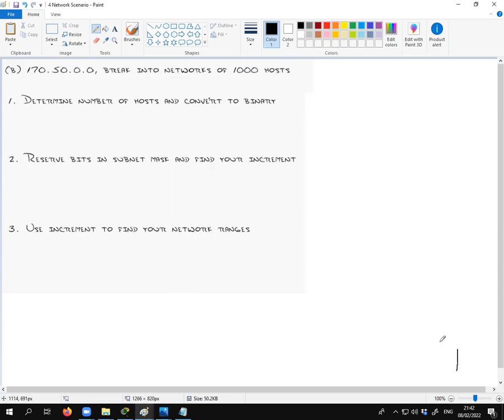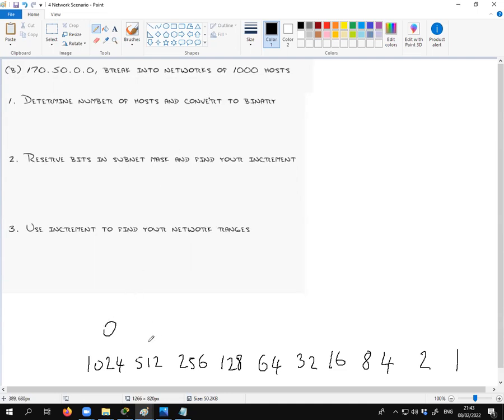Now somebody say 8. It's not 8. It takes more than 8 bits to make 1,000. So we need to go past 1, 2, 4, 8, 16, 32, 64, 128, 256, 512, 1024. Now, does the 1,024 fit into 1,000?